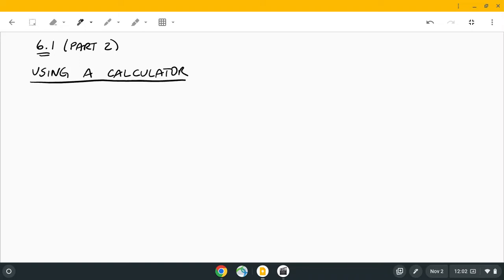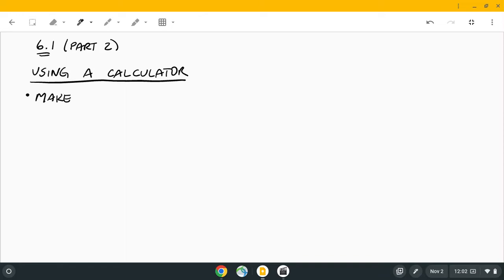Okay, so 6.1 part 2, using a calculator. All right, so the one thing you definitely want to make sure is that you are in the correct mode.